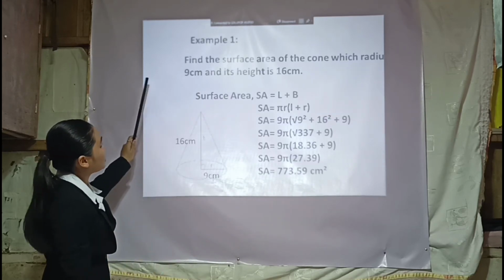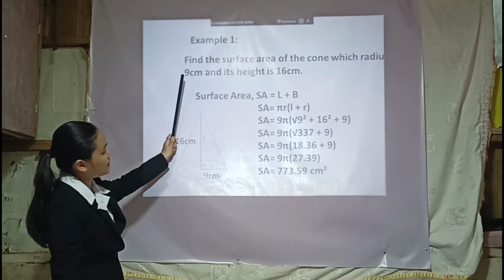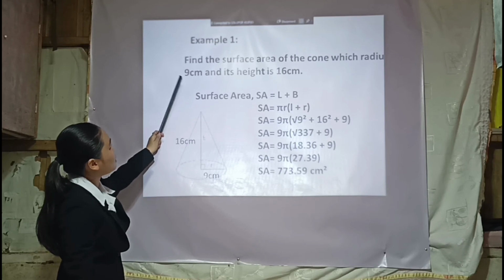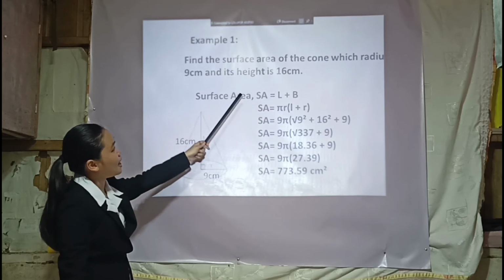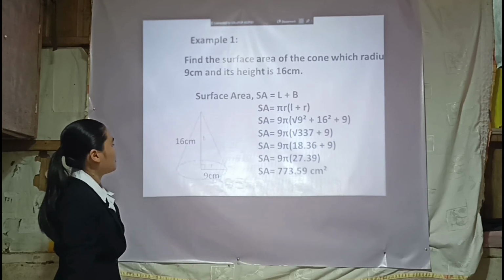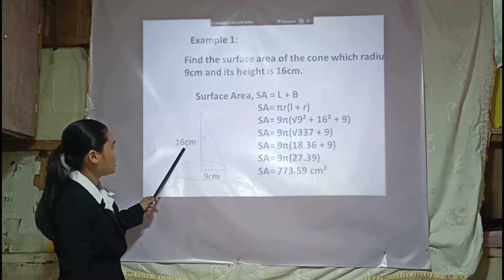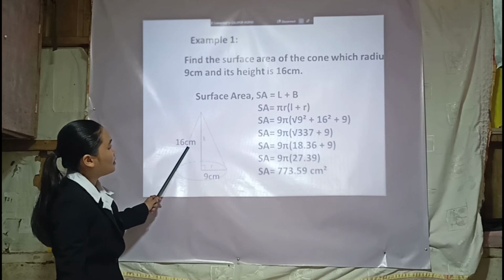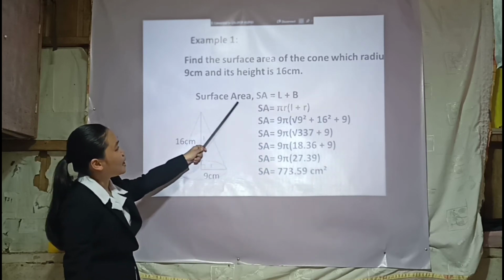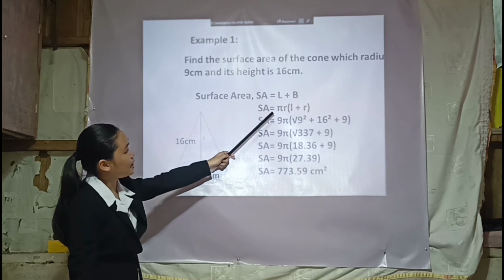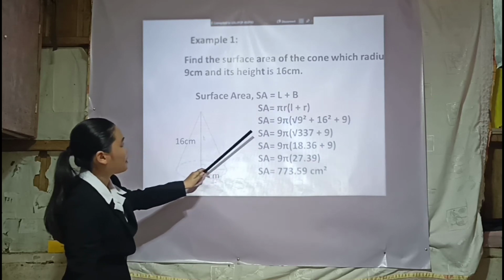Let's proceed to the first example. Find the surface area of the cone whose radius is equal to 9 cm and its height is 16 cm. So the radius is 9 and the height is 16 cm. Surface area, or SA, equals lateral surface area plus base.